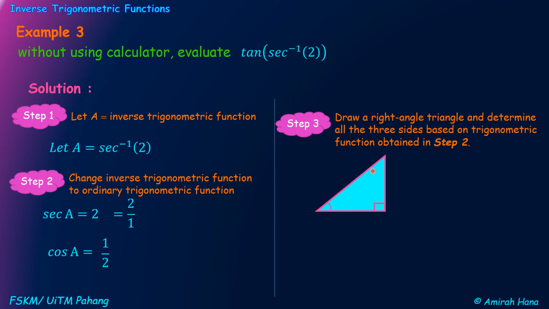This is a right angle triangle with angle A. 1 here means adjacent because this is cos, so we write 1 here. And 2 means hypotenuse because cos equals adjacent over hypotenuse.